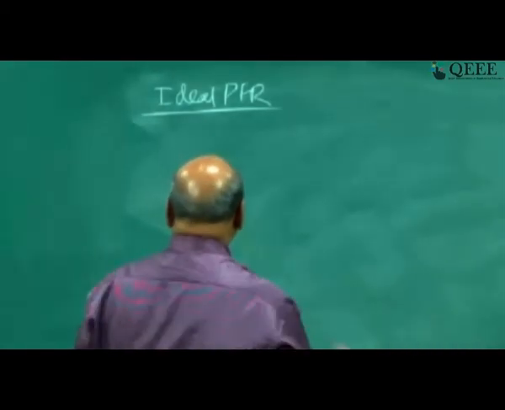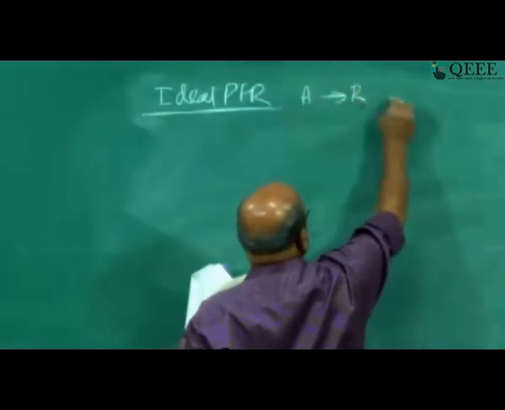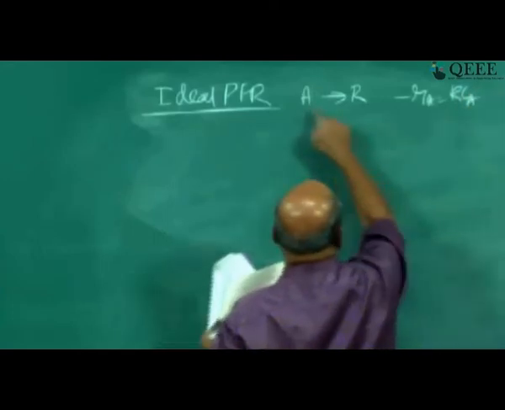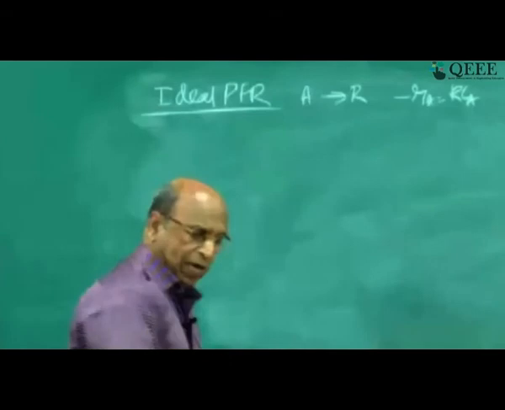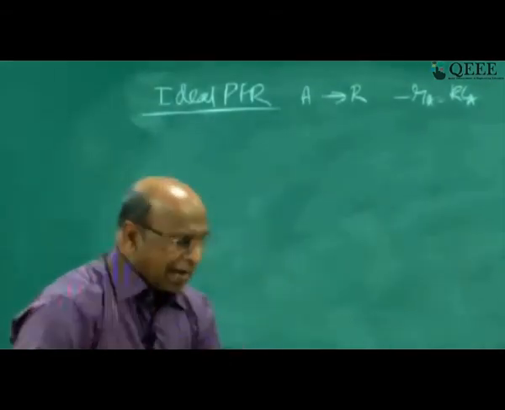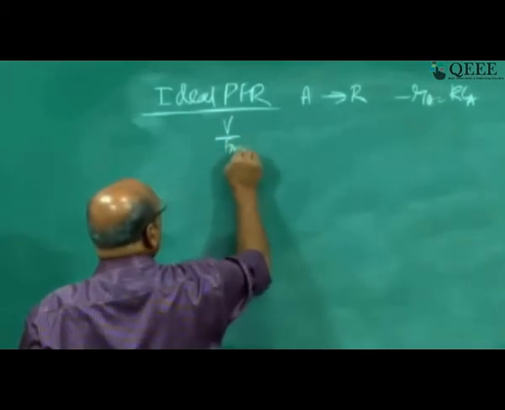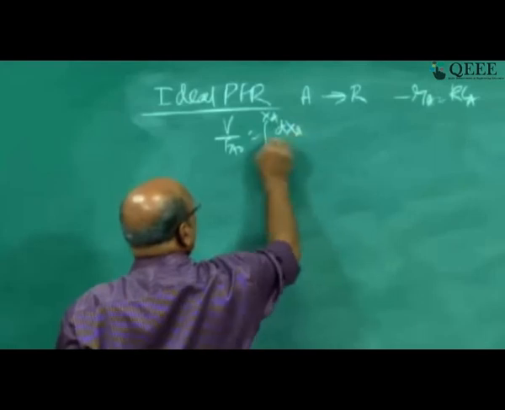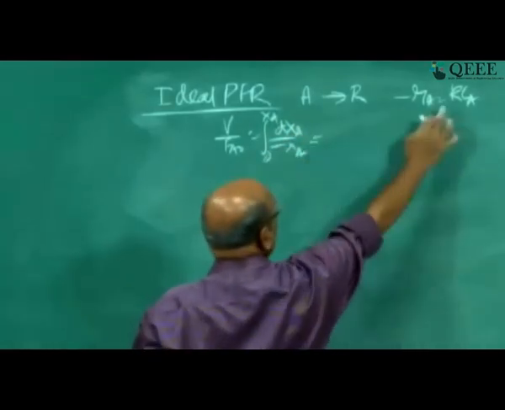By assuming ideal plug flow, if I have A going to R, a first order reaction where minus RA equals K into Ca, 1 mole, there is no volume change and all that. So this kind of reaction I have. I have the design expression for ideal plug flow as V by Fa naught equals integral 0 to Xa dXa by minus RA, where this minus RA is nothing but the first order reaction.